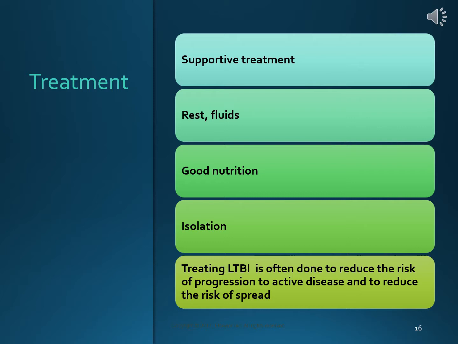And so that will consist of taking one or more of the antibiotics for a certain period of time, usually much less than if you have active disease. The protocol depends on the antibiotic or different kinds of antibiotics that are used to treat it.